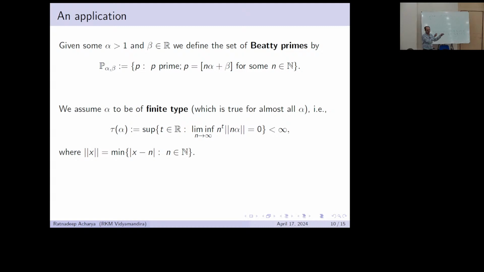It's a little more technical, but due to a theorem of Roth, it is known that all algebraic irrationals are of type 1. Moreover, due to a result of Khinchin, almost all alphas are of type 1, where almost all is in the sense of Lebesgue.